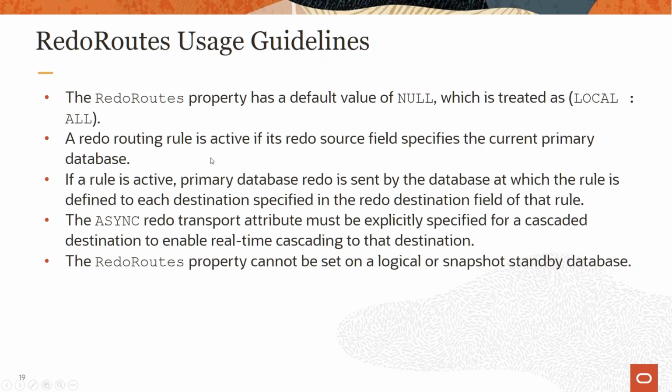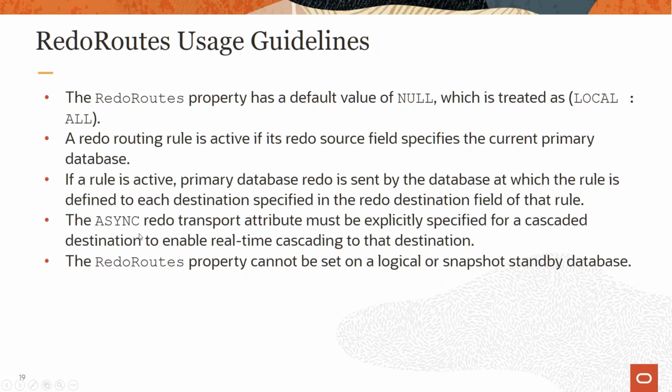So a redo routing rule is active if its redo source field specifies the current primary database. If a rule is active, primary database redo is sent by the primary database at which the rule is defined to each destination specified in the redo destination field of that rule.